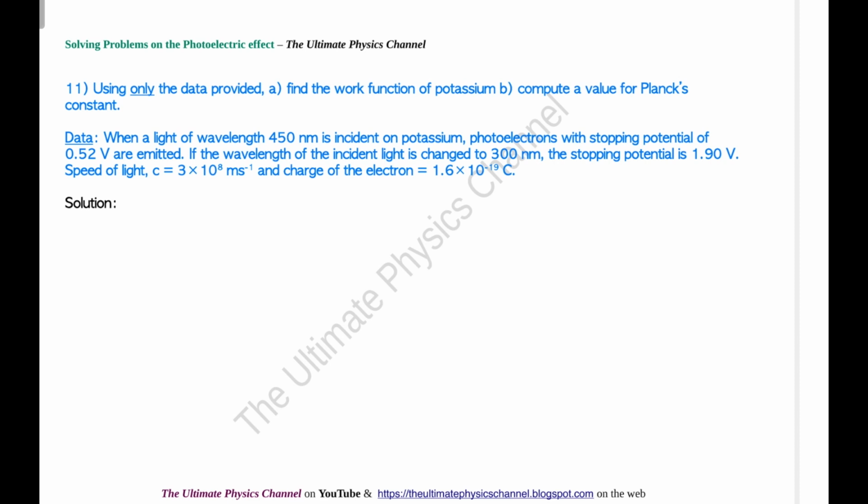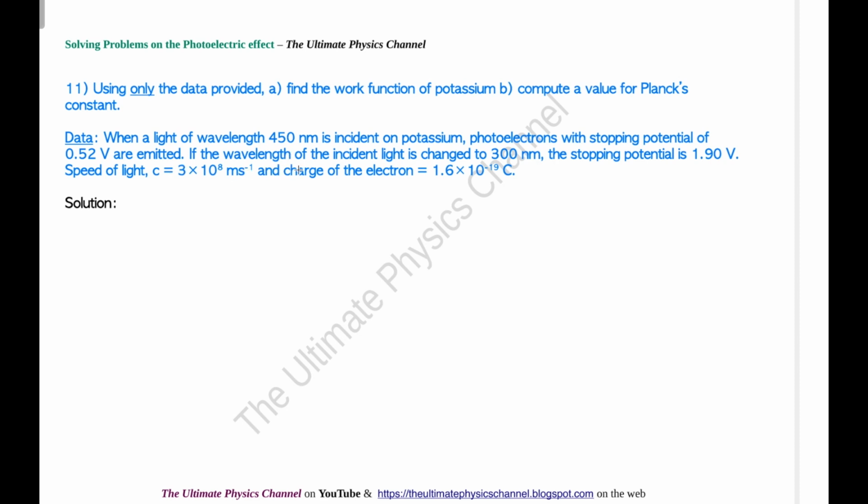Let's move ahead. Using only the data provided, find the work function of potassium. Compute a value for Planck's constant. So this is the question. What is the data that is provided here? When light of wavelength 450 nanometers is incident on potassium, photoelectrons are emitted with a stopping potential of 0.52 volt.